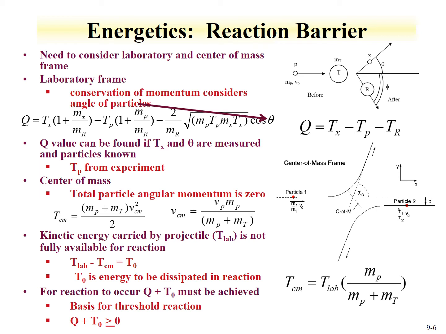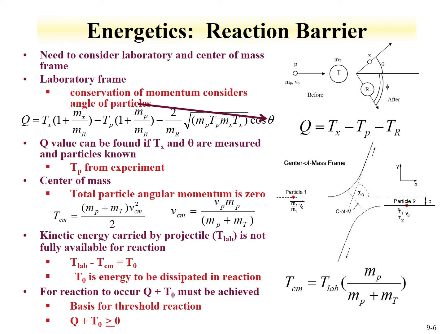And this allows us to evaluate the reaction if we know product information such as the angle in which one of the products comes out of the reaction and its energy. We can find the Q value if that angle and the kinetic energy of X are measured and particles known.